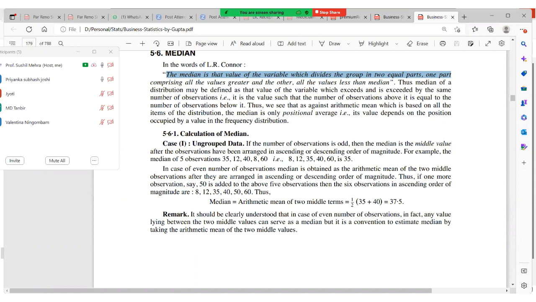Now, this is what we call a positional average, right? Positional average.